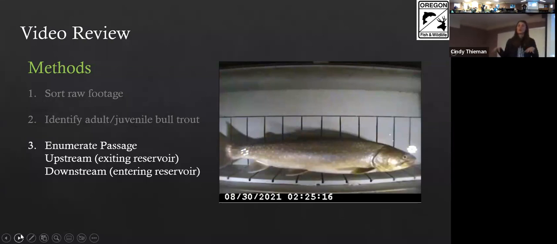So they're leaving Laurance Lake and they're moving up into a tributary, and fish coming downstream are moving from right to left. Through this passage direction, we're able to identify individuals, so that's how we're able to get our population estimates. And we're also able to document reservoir use and timing of fish entering and exiting the reservoir, which are several of the things we were interested in.